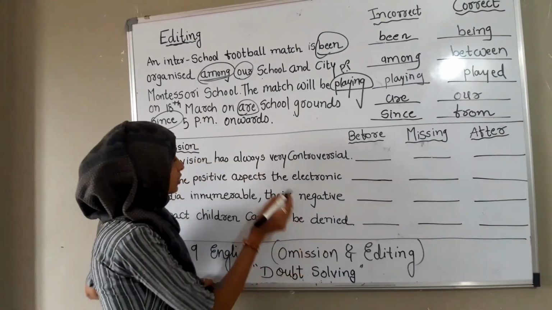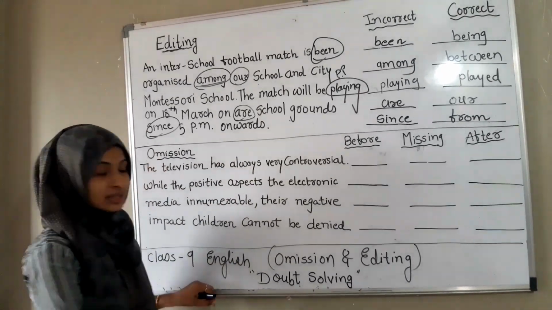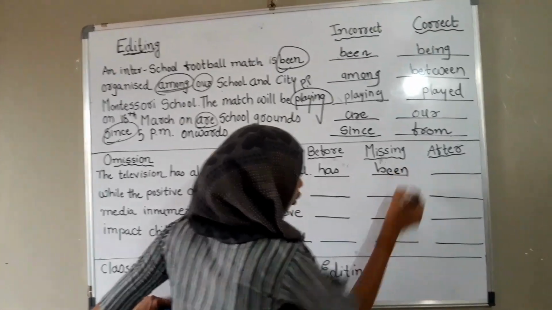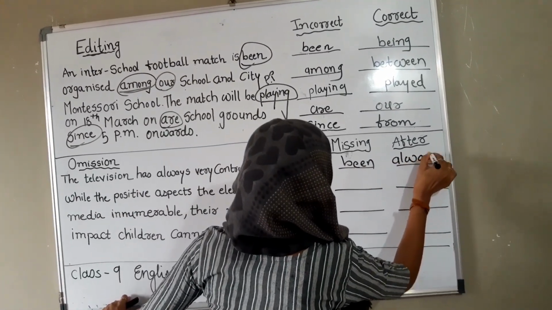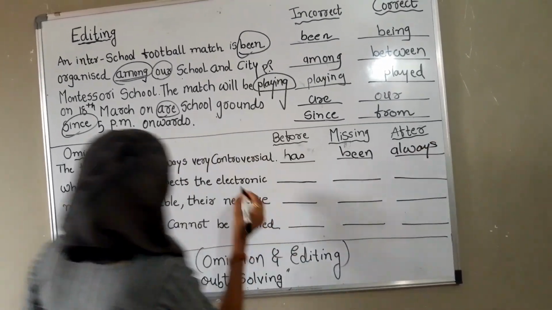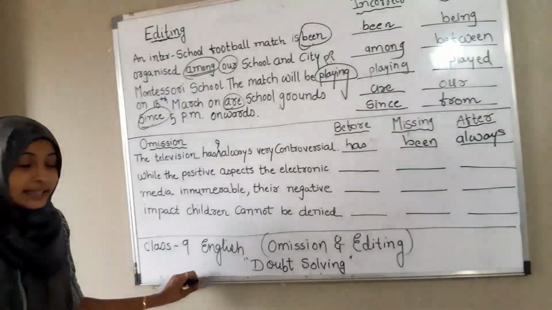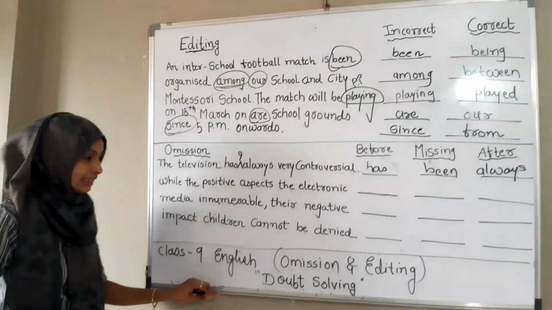First of all, has will come, then been, which is omitted, and then always will come here. So in between these two, one word is omitted. Has been always very controversial.